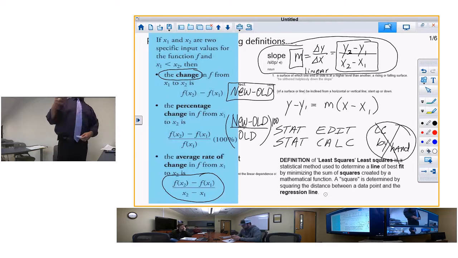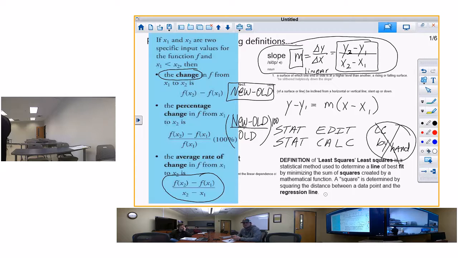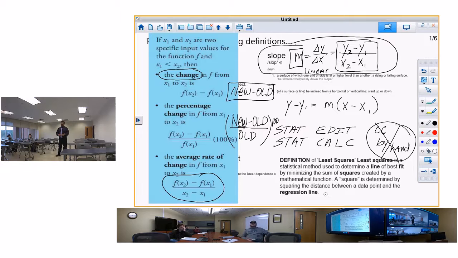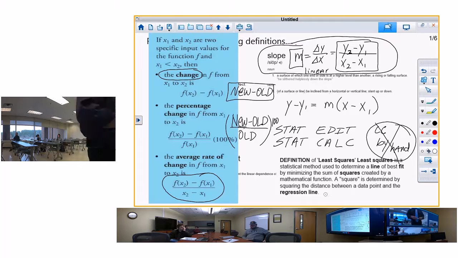Usually you're given a scatter plot and you're told to put the line in between the points to get the best fit. And that's what the regression line is. So you can do all the definitions, but all you have to do is regression line equals line of best fit. And I'm going to show you that in just a minute.